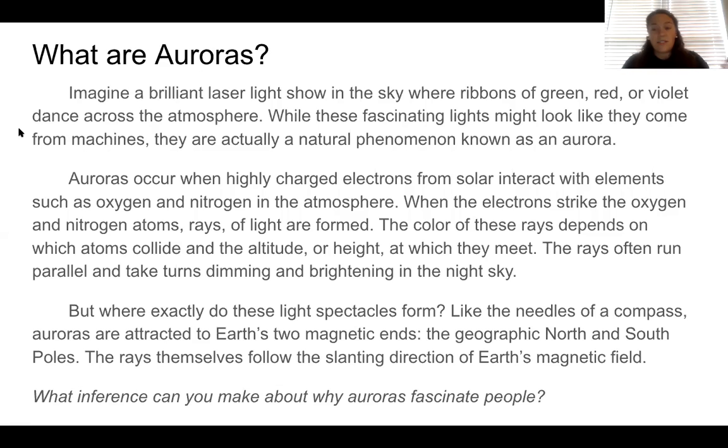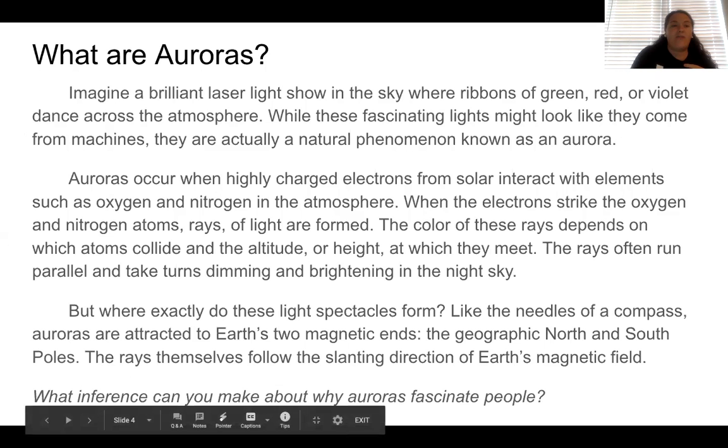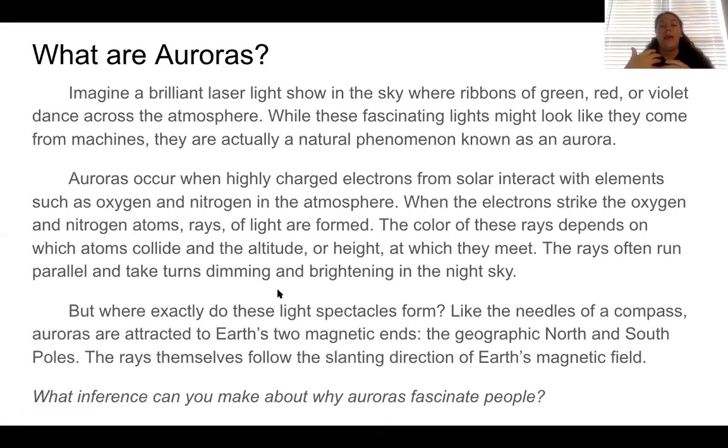Okay, so this is a three-paragraph informational text. And again, my question here is, what inference can you make about why auroras fascinate people? So nowhere in here did it tell me why auroras fascinate people. I have to make an inference. I have to use my prior knowledge and my clues from the text.